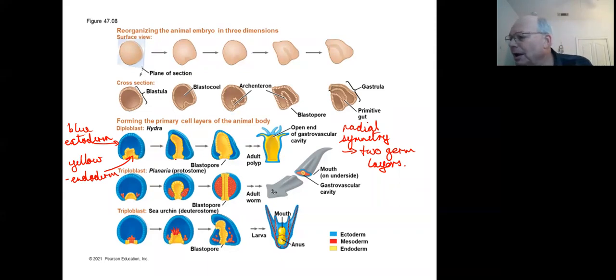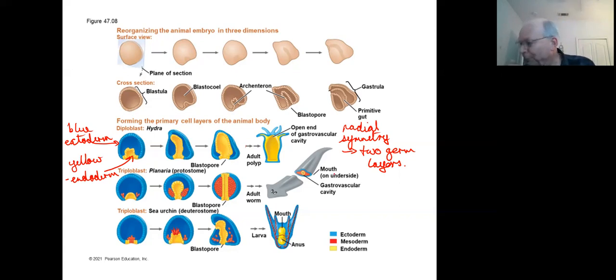You can see that the early archenteron travels across the blastocoel of the blastula, but it doesn't actually merge with the ectoderm on the other side. So you don't create a second opening. So we only have a single opening, and that is functionally the equivalent of a blastopore. So radial symmetry is directly correlated to the presence of two germ layers, the ectoderm and the endoderm, that form during gastrulation.